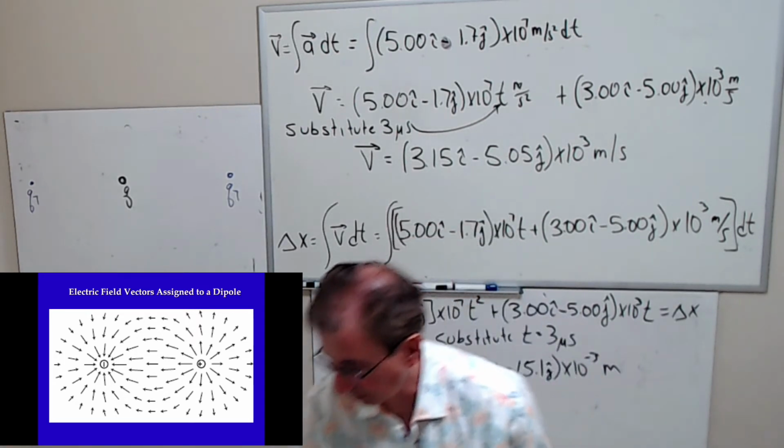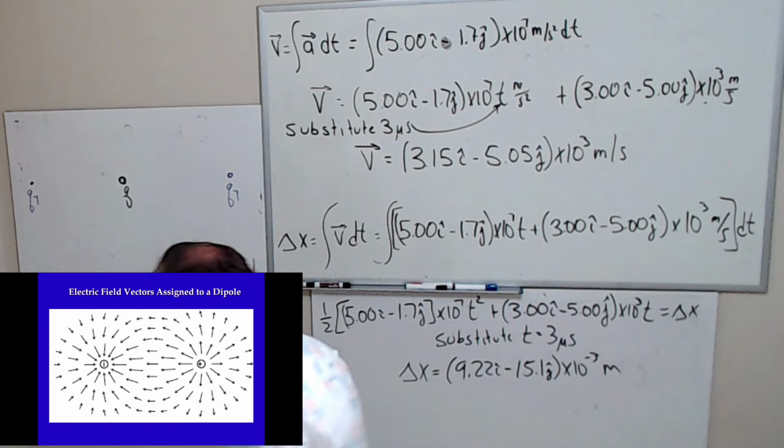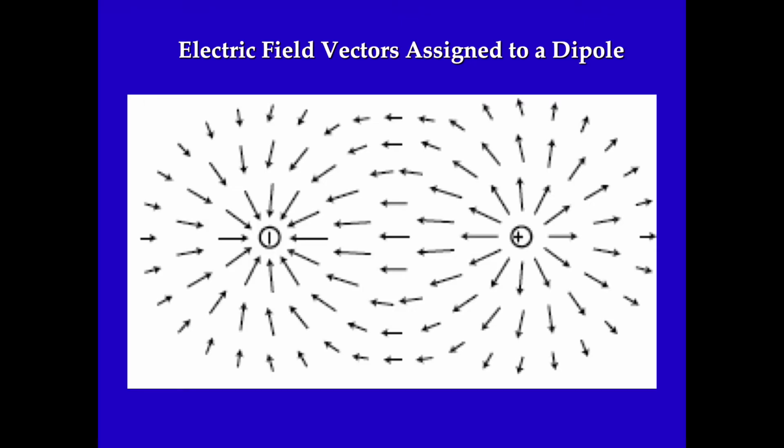For example, let me change the view here real quick. Suppose I put a point charge. I don't know if you can see the arrow, my mouse cursor moving. So let's say I put a positive point charge there.